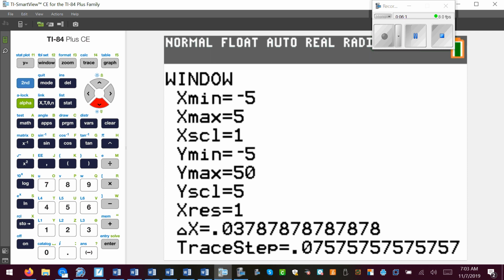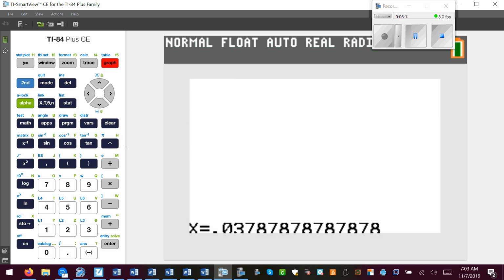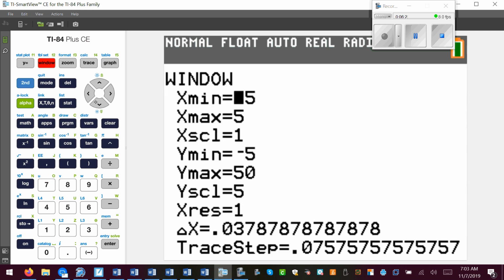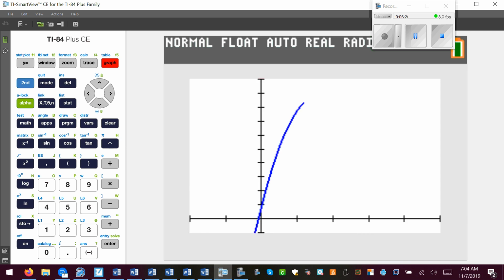If I hit graph and it doesn't look that good, I can come back and fix it. Here's my graph. Not too bad. Again, I probably don't need all that space to the left. Maybe I'm going to go and adjust my x minimum to maybe like -2 instead of -5. And what I like is that this graph is pretty big. It takes up most of the screen. I can see the vertex. I can see the x and y intercepts.